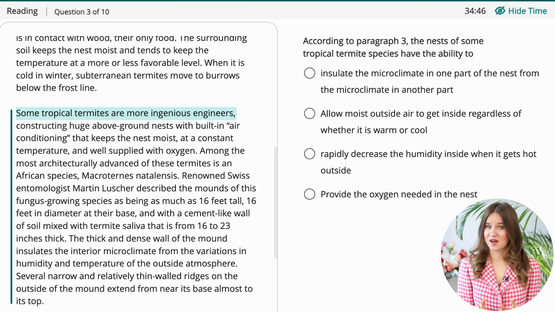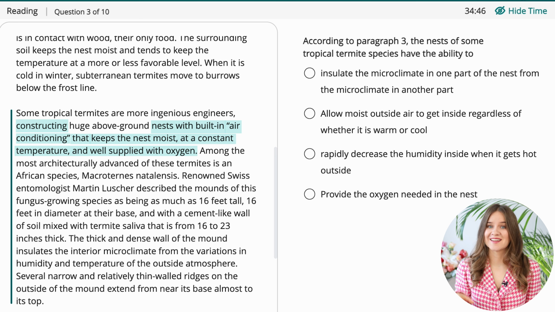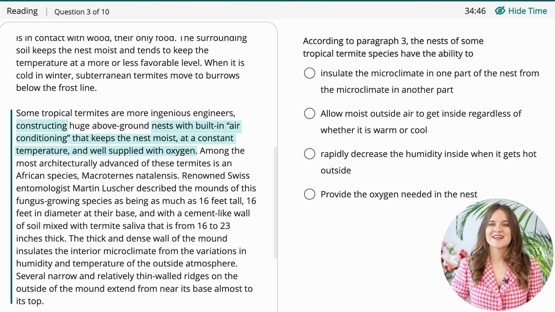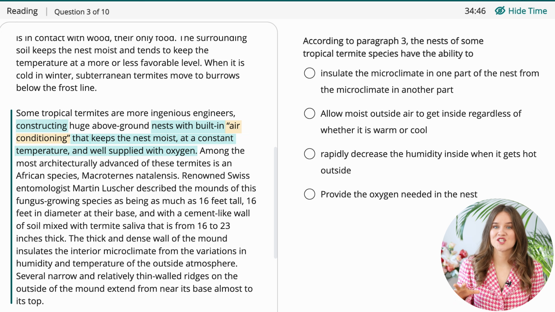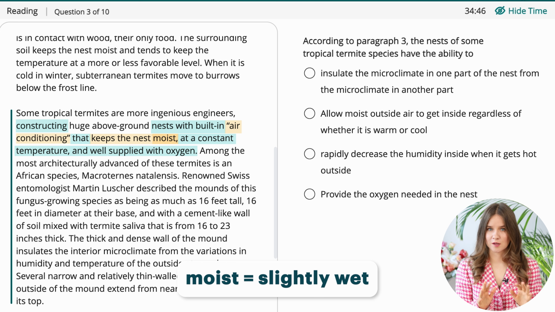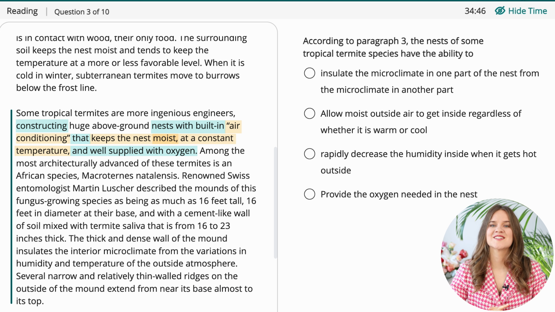So, these termites are clever because they construct nests with built-in air conditioning that keeps the nests moist, at a constant temperature, and well supplied with oxygen. Let's look more closely. The text says that the nests have air conditioning, which serves 3 functions: keeping the nest moist, or slightly wet, maintaining a constant temperature, and making sure there is enough oxygen inside.